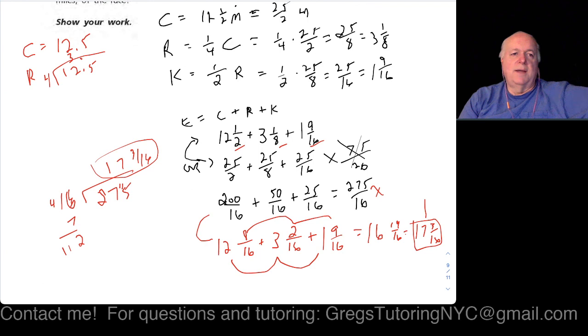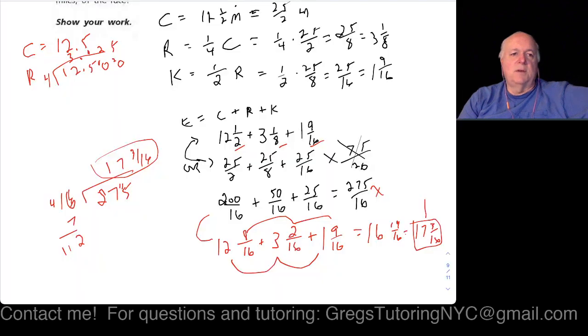We're going to have to add a 0. We get 1 left over, right? 4 goes into that twice. That's 8. We get that left over, we get 2. So we get 3.125 is R, right? So let's just keep track. We have 12.5 here, okay? 3.125 here is that. And then K is equal to 1/2 R.